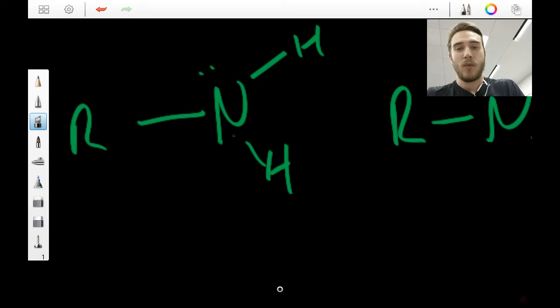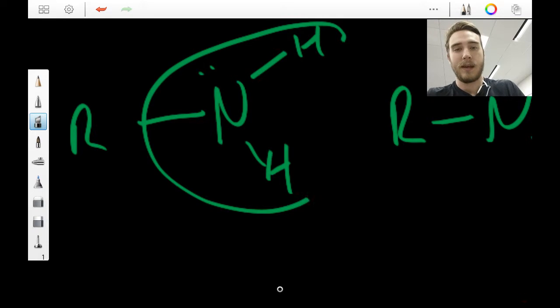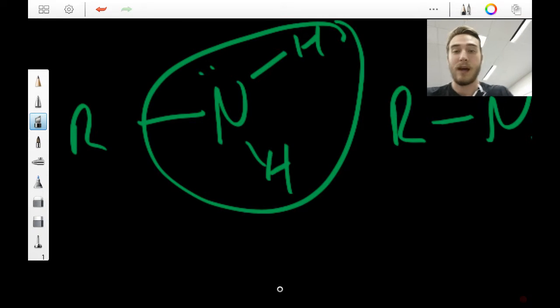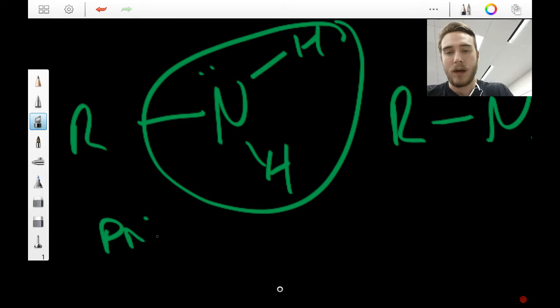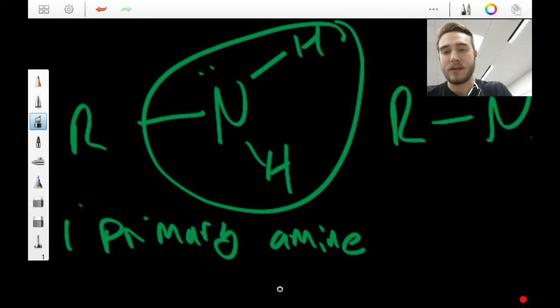This right here, we call this functional group an amine. We call this a primary amine. We might designate primary as a first degree, something like that.